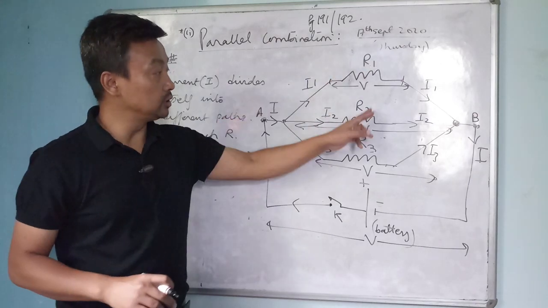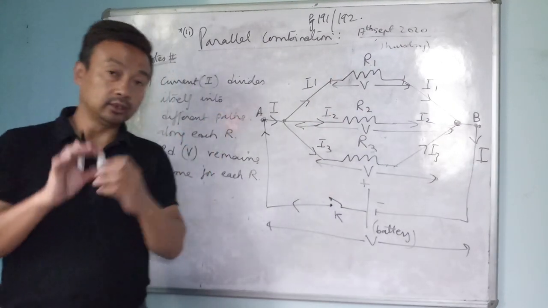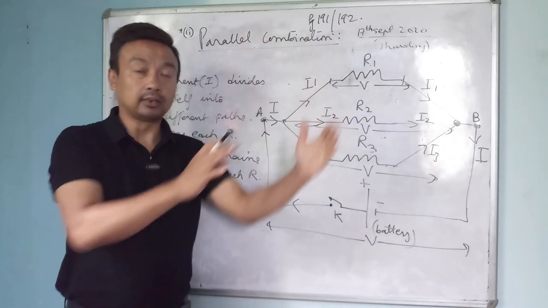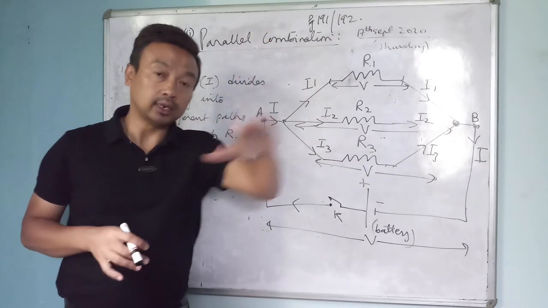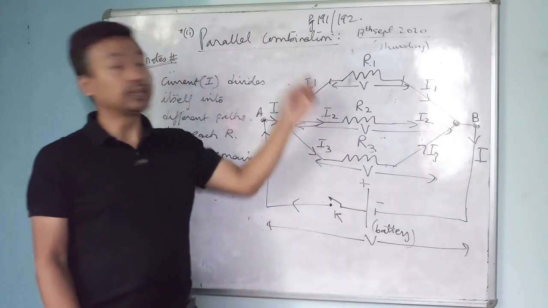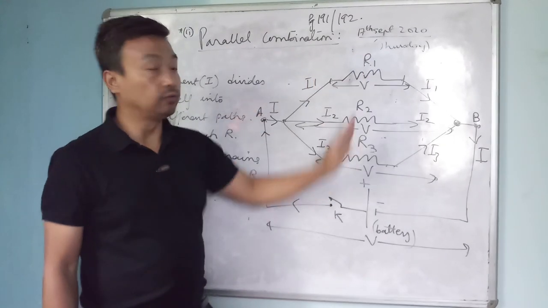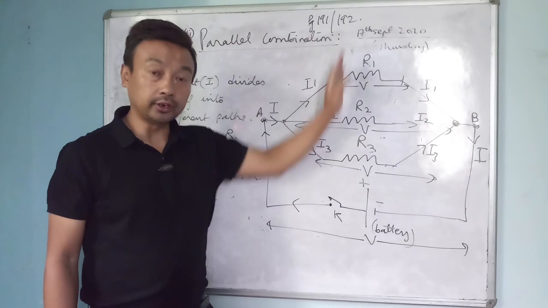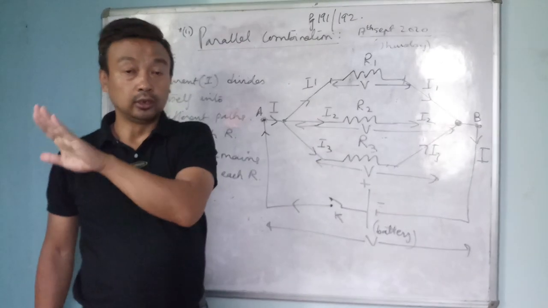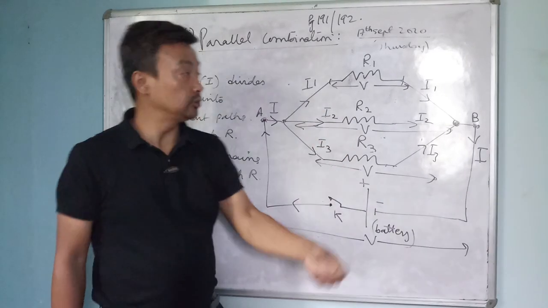So a quick recap of the series and the parallel. In the series they are joined one after another, like this in a straight line, whereas in the parallel it is joined vertically. Series is joined horizontally. In the series, one end is joined to the other end.